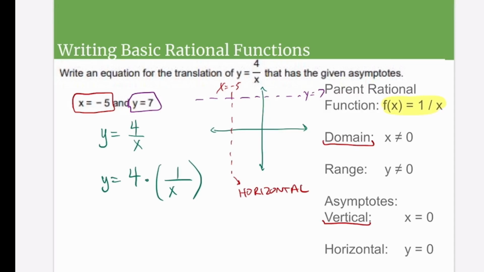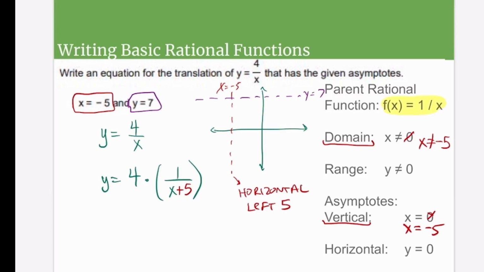Now, if your vertical asymptote is -5, it means that 0 is shifting left 5 units. Your domain is going to be x cannot equal -5. Well, if x cannot equal -5, then your denominator has to say x plus 5, because the -5 plus the 5 is going to give you 0. So again, x cannot be -5, so your denominator should say x plus 5, because that would give you 0, which is not allowed.